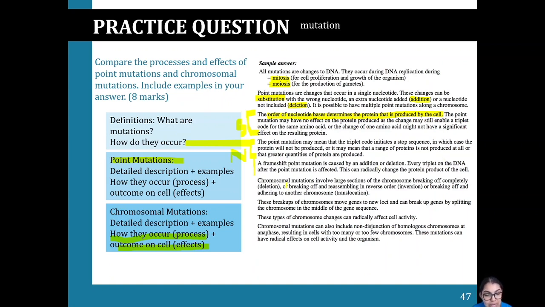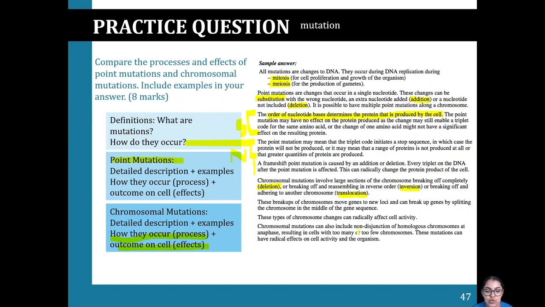So here we are identifying those terms: breaking off completely is deletion, reassembling in reverse is inversion, and breaking off and adhering to another chromosome is translocation. These breakups of chromosomes may move genes to a new loci, which is just a new location, and can break up genes by splitting the chromosome in the middle of the gene sequence. These types of chromosome changes can radically affect cell activity.